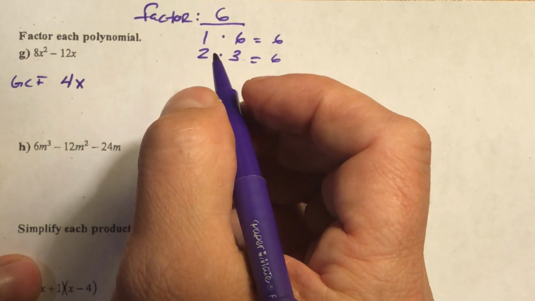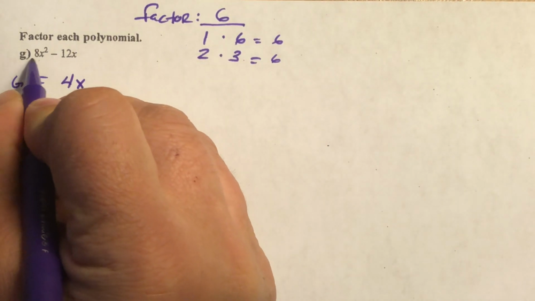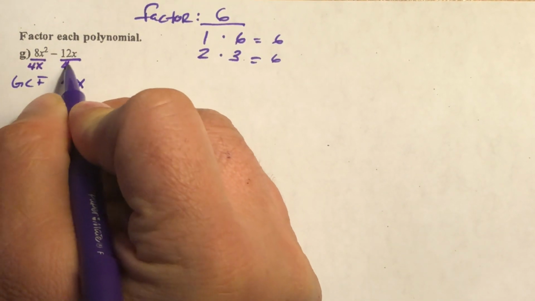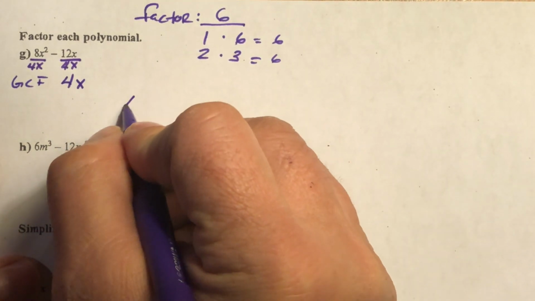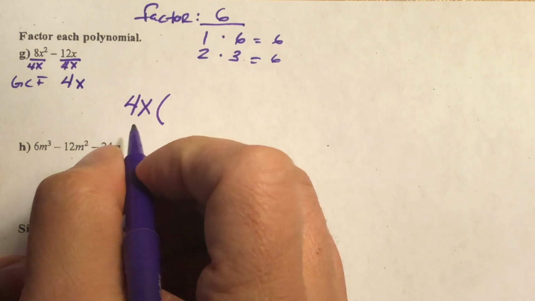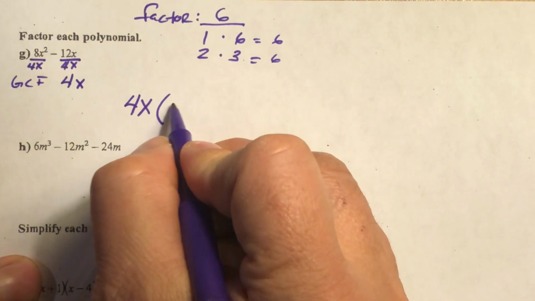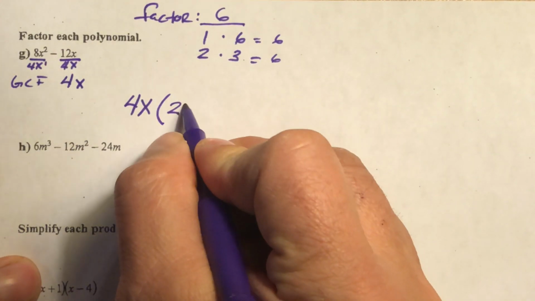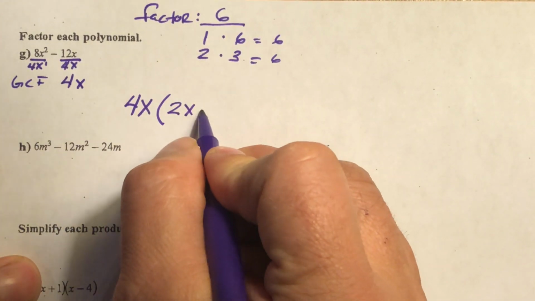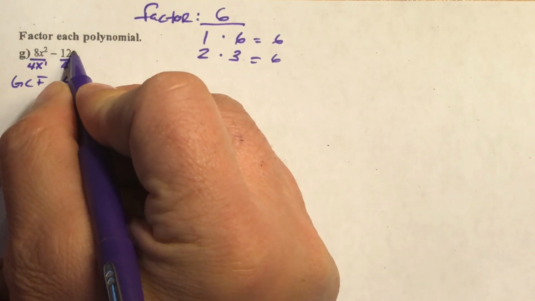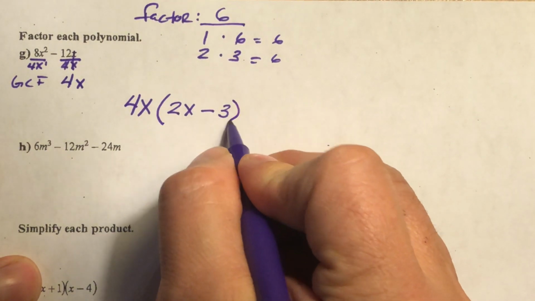And then what I'm going to do is divide 4x out of each of those. So I'm going to take my GCF, put it out in front, and then 8 divided by 4 is 2. x squared divided by x is just x, minus 12 divided by 4 is 3, and x divided by x, they cancel each other out.